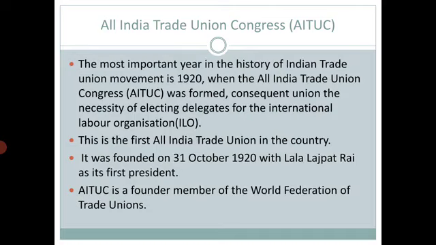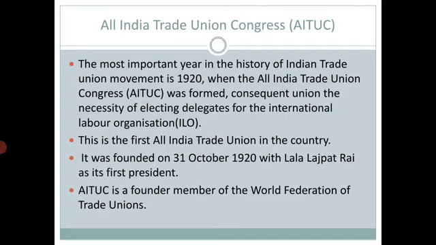Though it was formed, it was a consequent union, which was the necessity of electing delegates for the International Labour Organization. This is the first All India Trade Union in the country. This is the only All India level trade union in our country, India.